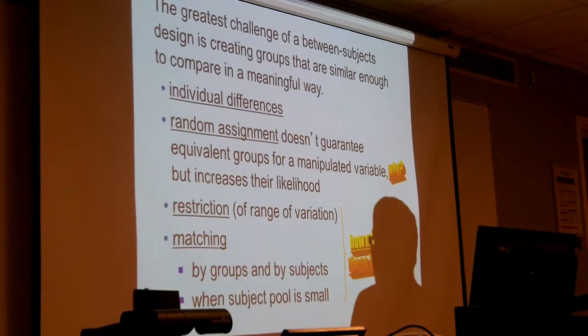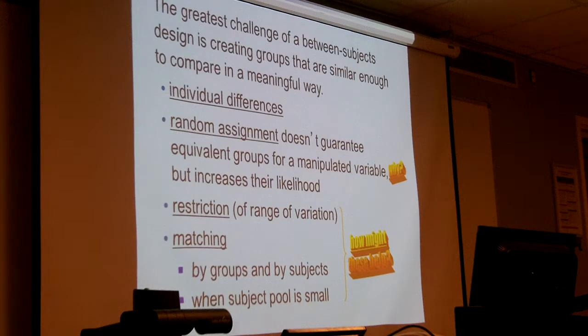By focusing on the core of the group, restricting my range of variation to that core, it's actually easier for me to make the groups more similar. If everybody's between the ages of 18 and 24, and I've got 20 people, chances are I'm going to have a few 18-year-olds, a few 19-year-olds, a few 20, a few 22, a few 23, a few 24, and I'm going to be able to balance that out across the groups, and the age difference won't be so extreme, so age shouldn't be a problem.